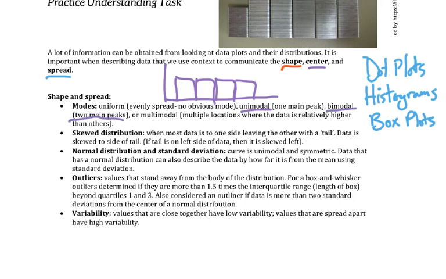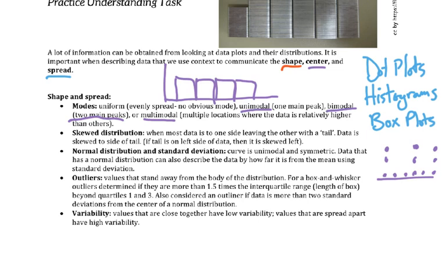Bimodal has two main ones, or multimodal, which would have multiple where it's a lot higher. Multimodal could look something like this, where you have a bunch that are up higher than the rest. So looking at that mode is one way that we look at the shape and spread.